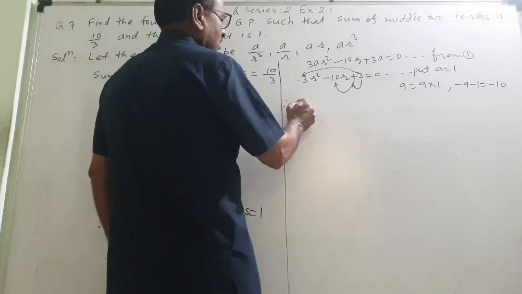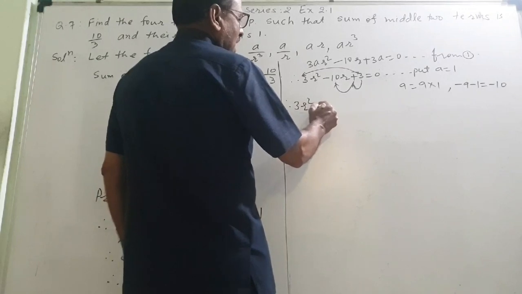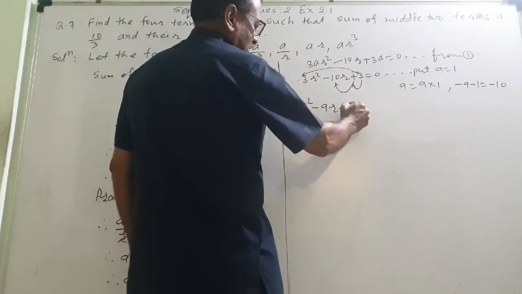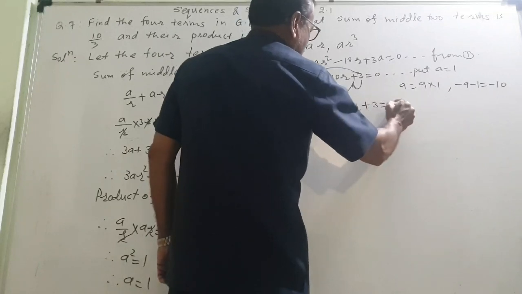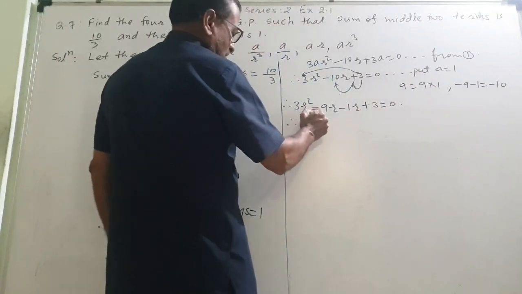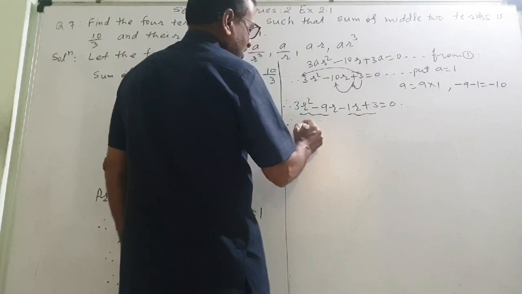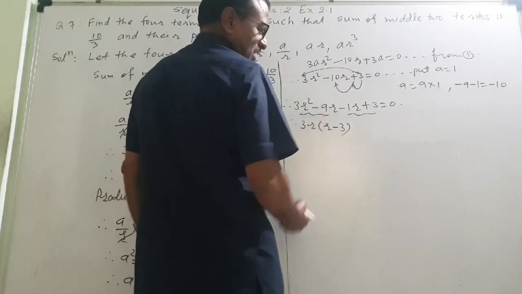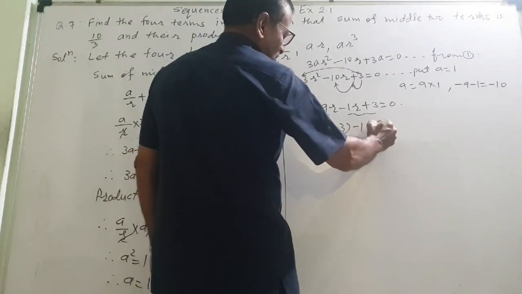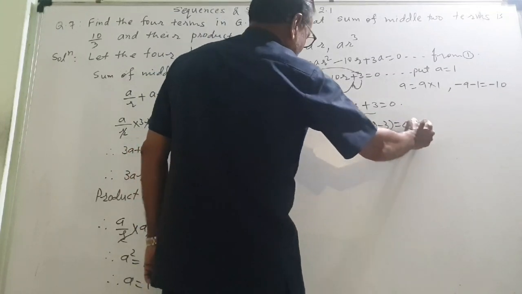Therefore, 3r square minus 9r minus 1r, these two factors, and plus 3 equal to 0. Therefore, what is common that I will search? 3r is common. So 3r into r minus 3, minus 1 into r minus 3 is equal to 0.